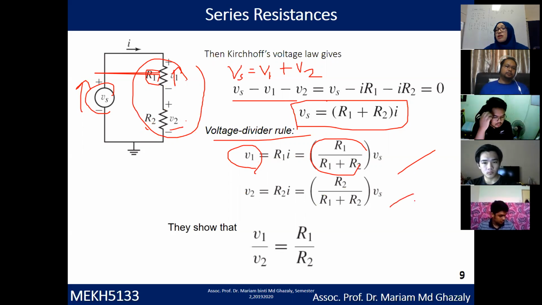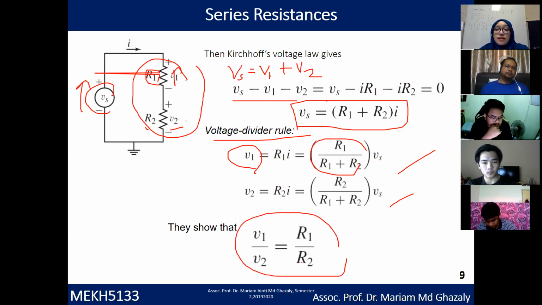So this is called the voltage divider rule. Therefore, you can make a conclusion that V1 over V2 is equivalent to the resistance R1 over R2.